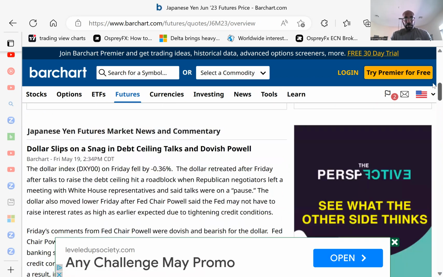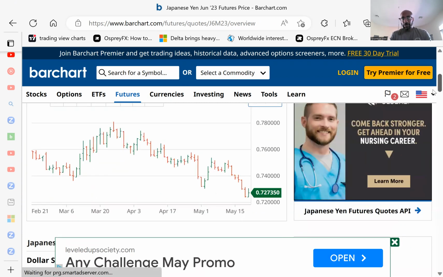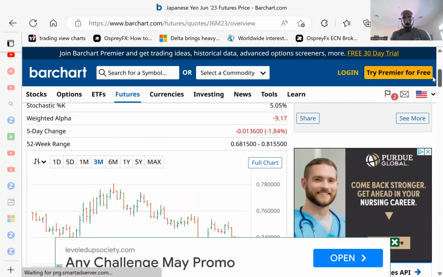But if you look at the chart here, right? Everybody is short the Japanese yen. Now all of a sudden you have an uptick, right? So here in the future, I can see on the chart that the Japanese yen is about to gain strength.